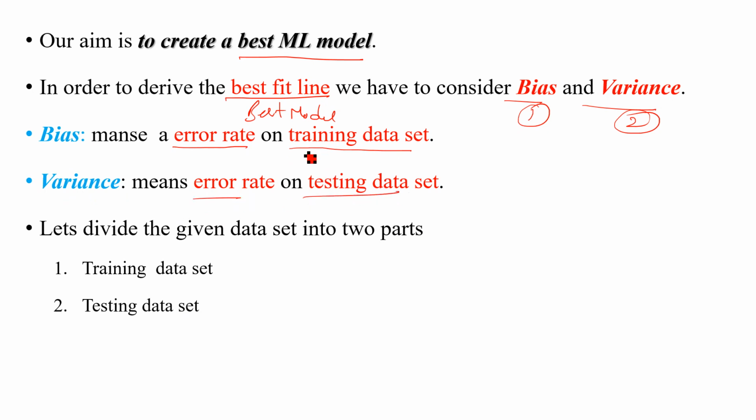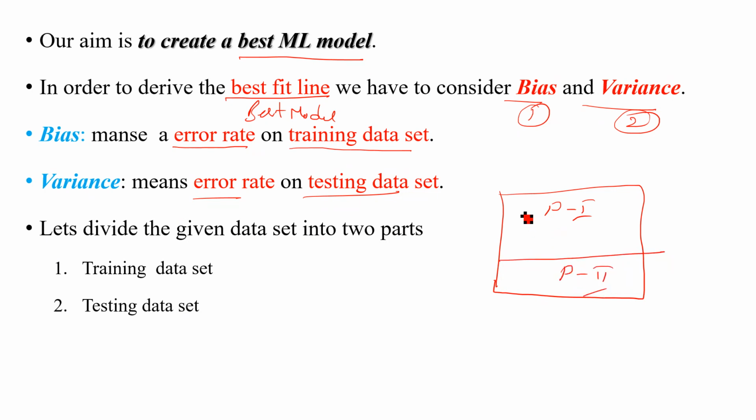What is the trained data set and what is the test data set? We have to divide the given data set into two parts: part 1 and part 2. For part 1 we consider 70% or 80%.